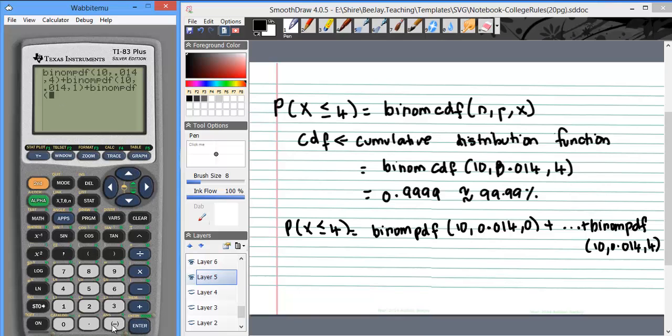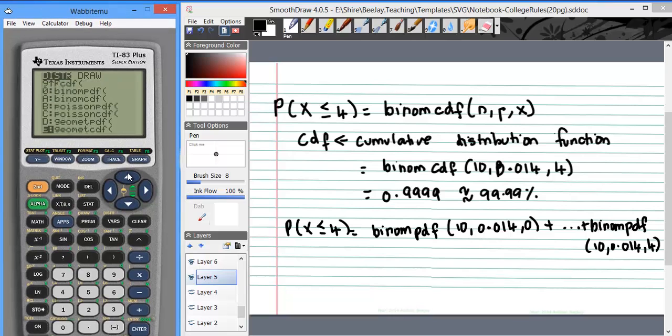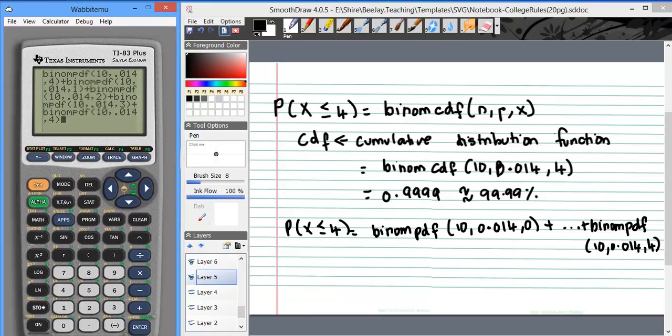I am at 2 now, so 10, 0.014, 2 plus the next term, 0.014, 3 plus the last term. Enter.